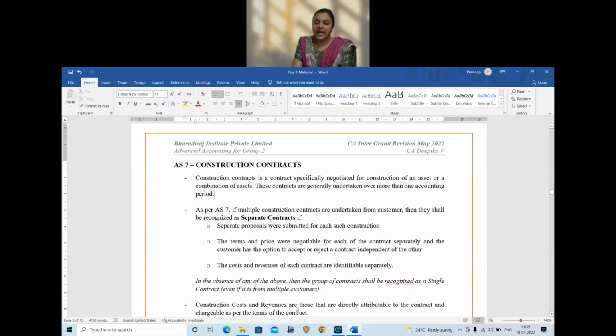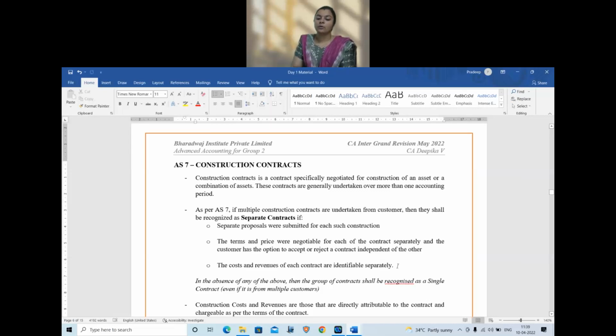If these 3 are present, then each contract shall be treated as a separate contract. Suppose this is not present, then what is the rule? It shall be treated as a single contract.